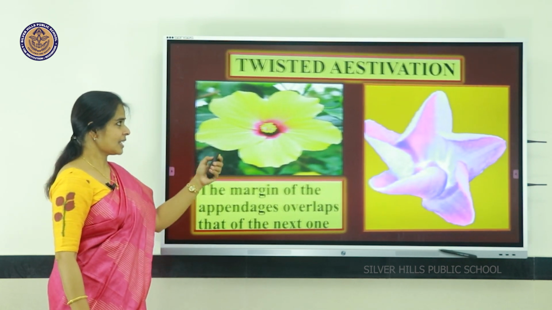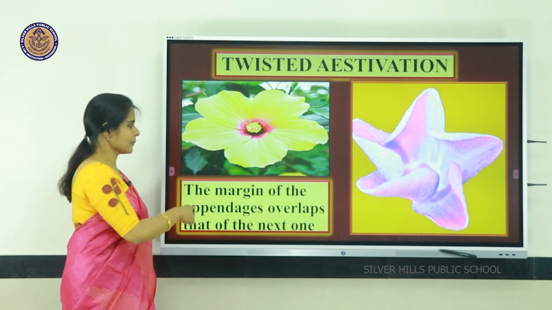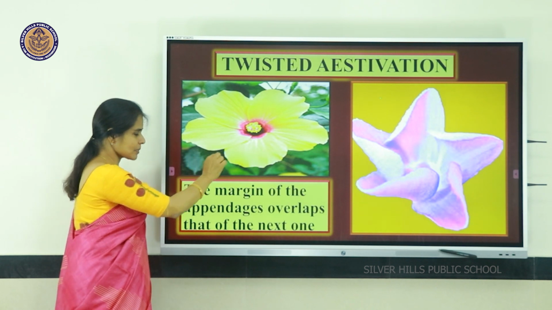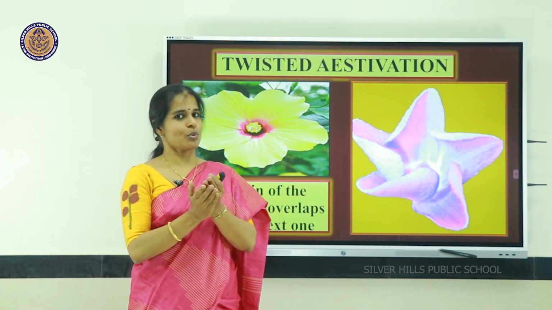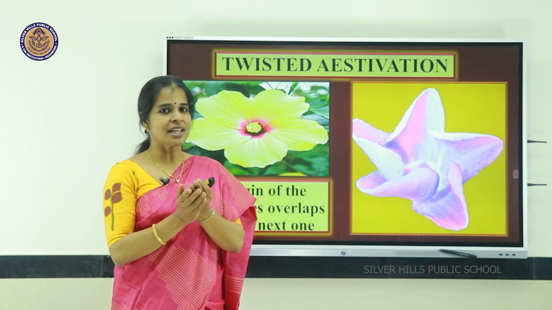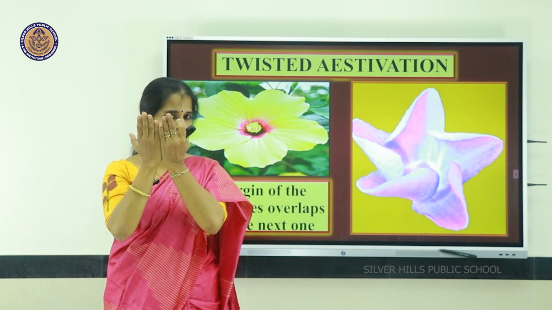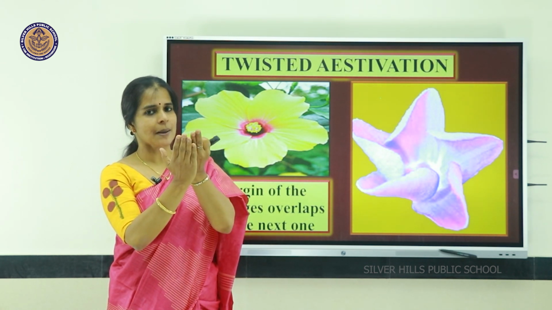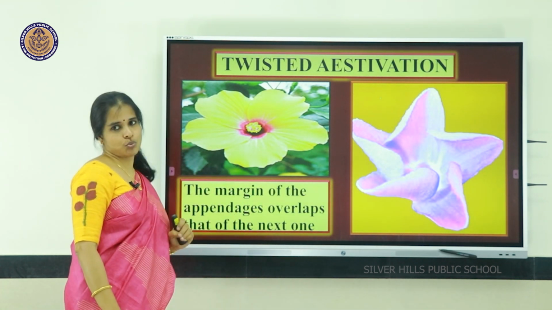Because in the next one, the twisted aestivation, the margin of the floral appendage, that is sepals and petals, overlaps the next one. In the previous one, valvate, they were not overlapping, they are just touching each other or very close to each other. Here, one sepal or one petal is overlapping over the next one.